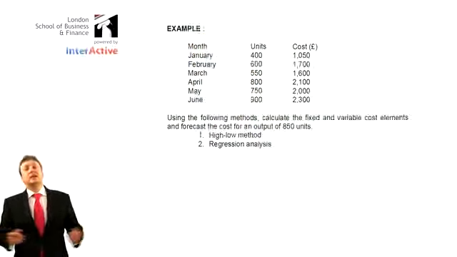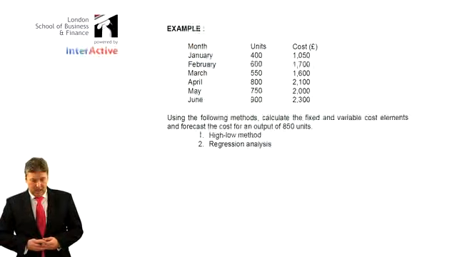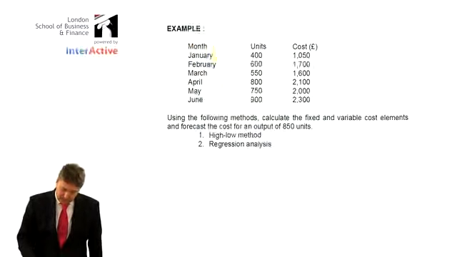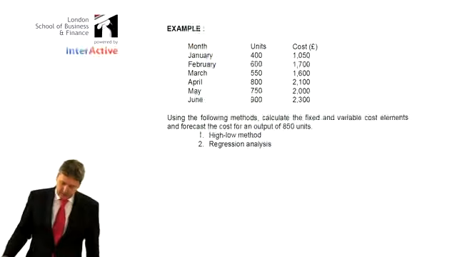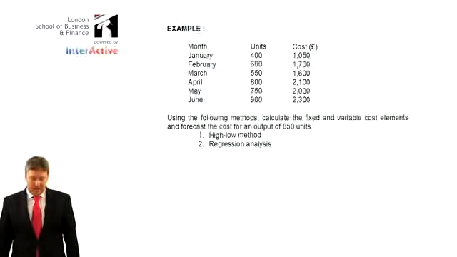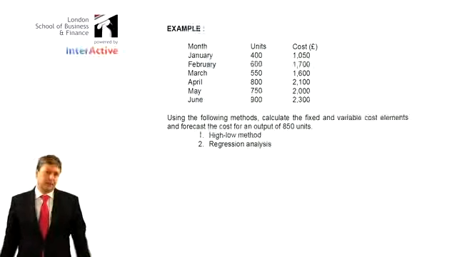Now, let's see how we get those numbers. I'm inclined to say that the next part that we're going to look at is for information more than anything else. But I think it's critical that we have an understanding of what it is that we are attempting to do before we look at the sort of things that you may be required to do in the exam. We have an example in front of us. In the example, we have 6 months from January through June. And then we have values of units and cost.